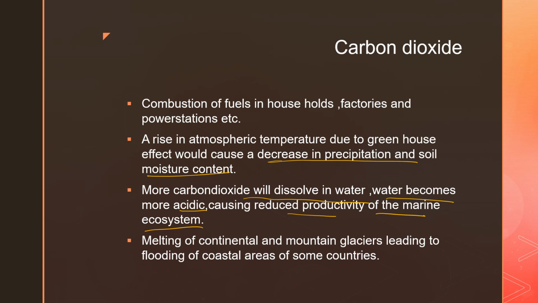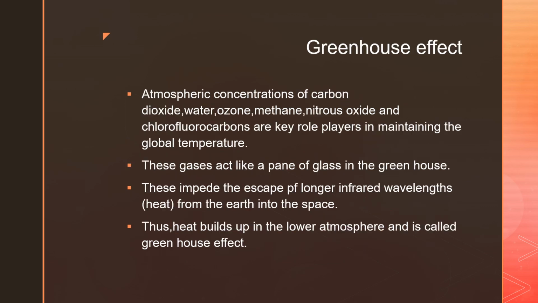As the temperature is increasing due to more carbon dioxide, continental and mountain glaciers have started melting, leading to flooding of the coastal areas in some countries. So these are the harmful effects of more carbon dioxide in our environment, causing air pollution. Let us now move on to the greenhouse effect.